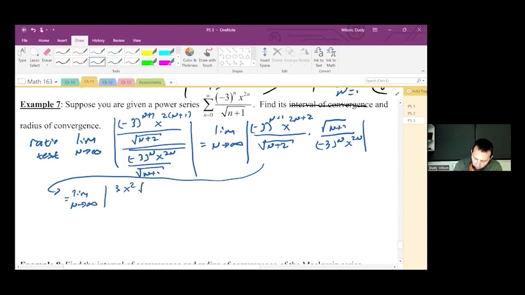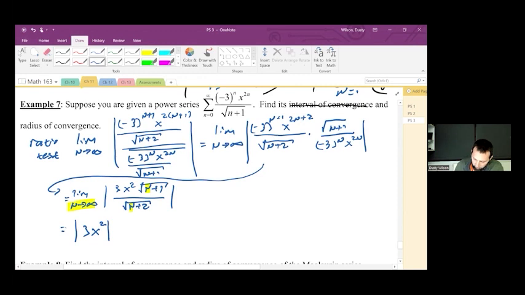And then we have a root n plus 1 divided by root n plus 2. The only thing the limit cares about is the n. And so the square root of n plus 1 over the square root of n plus 2 is approaching 1. And so all this stuff is approaching the absolute value of just 3x squared.